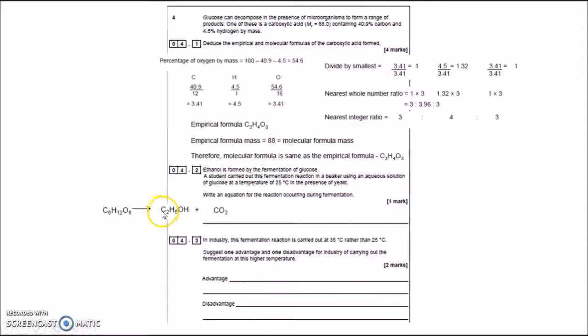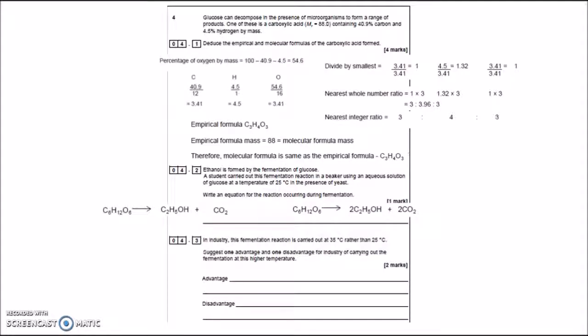So 2 carbons, 2 2s are 4 carbons. I need 6. So there's got to be a 2 in front of the CO2 as well to balance the carbons: 2 times 2 is 4, add 2 times 1 is 2, 4 add 2 is 6. That also balances the oxygen. So there we go, that's going to balance that equation.